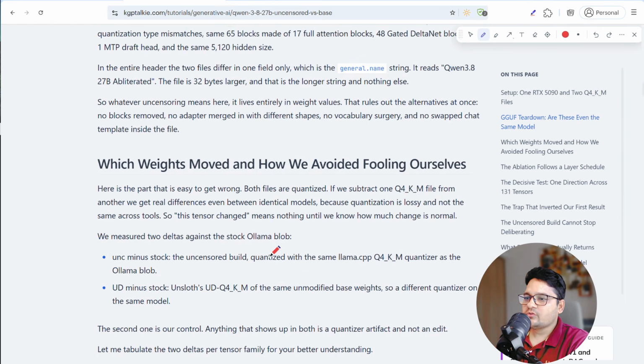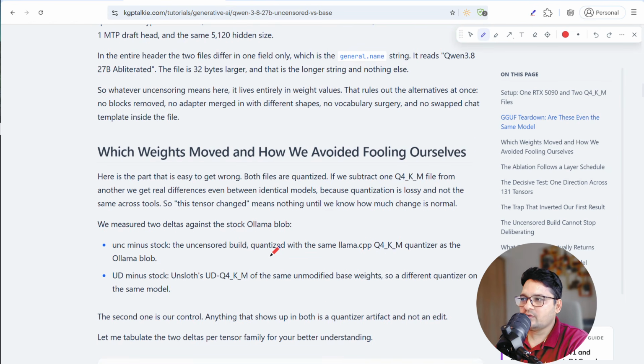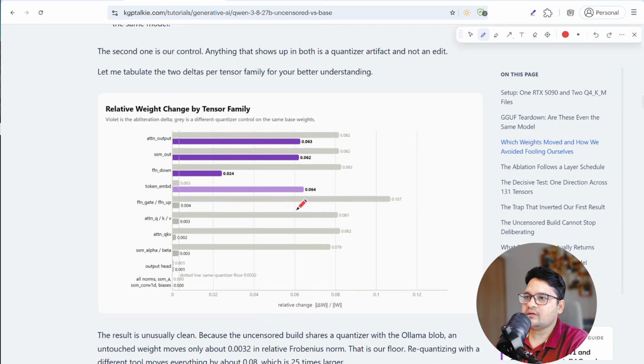Before I go deeper, I need to explain something. All these tensors which you have here are arranged in blocks. So 866 tensors, and each of these tensors is represented in 5120 dimensions, which means this is a vector space.